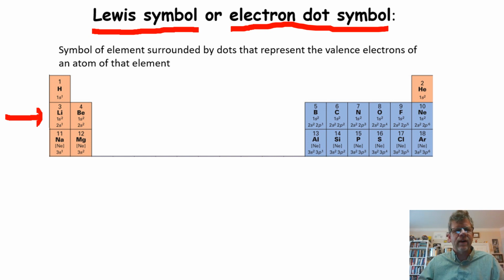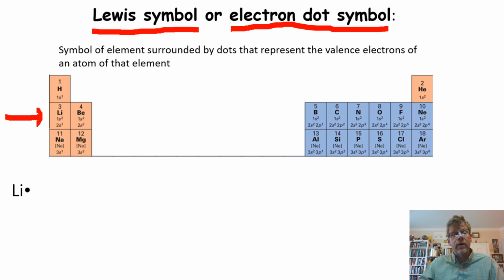So we'll start here. How would we describe just the valence electron configuration of our first element here, that of lithium? Well, ultimately, what we do is we draw the chemical symbol for lithium, and we put a dot next to it, which represents the 1 valence electron that lithium has. Why 1 valence electron?